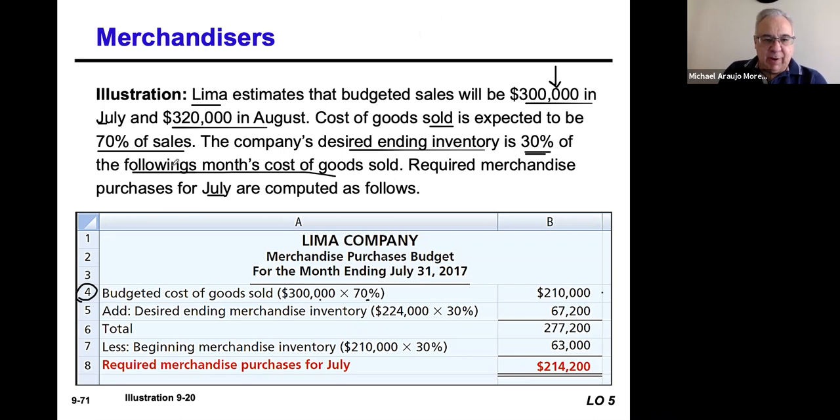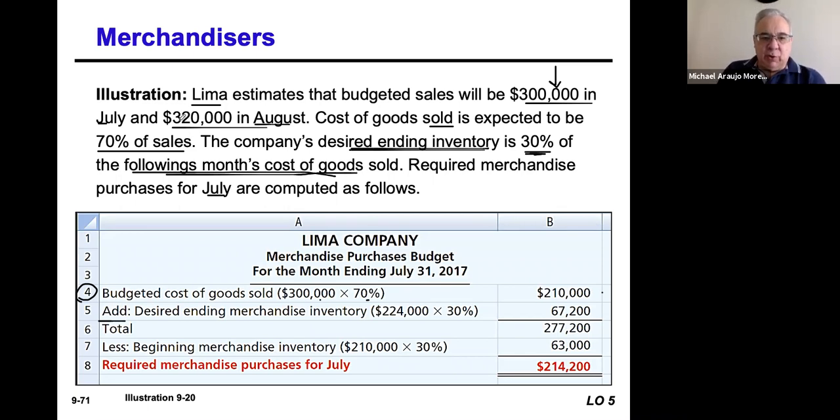Then we will add the desired ending inventory. And that ending inventory that's desired is 30% of the following month's cost of goods sold. So the following month is August.